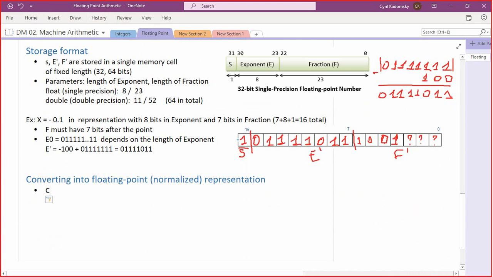First we convert the given value x into binary using the usual algorithm of conversion for fractional numbers, which we have discussed before.